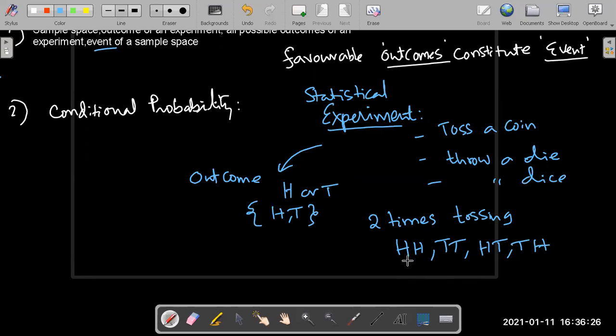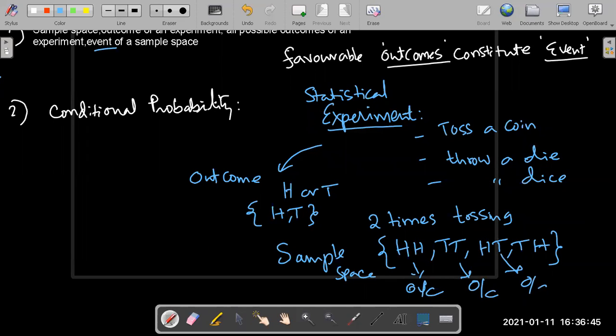So many possibilities are there. All possibilities put together is a sample space. Out of that, each one is an outcome. This is one outcome, this is another outcome, and this is another outcome, like that. Each are outcomes.